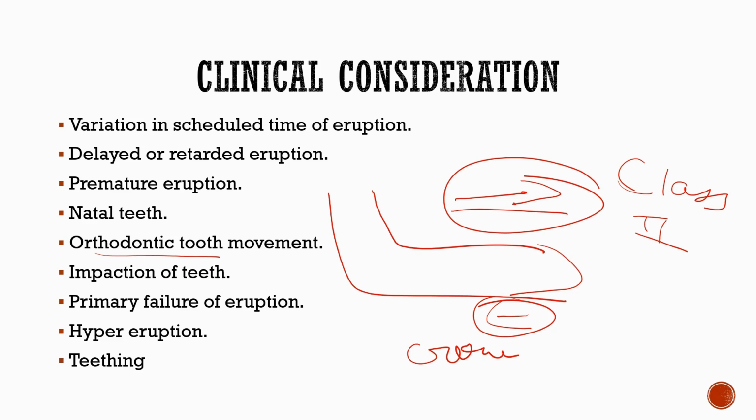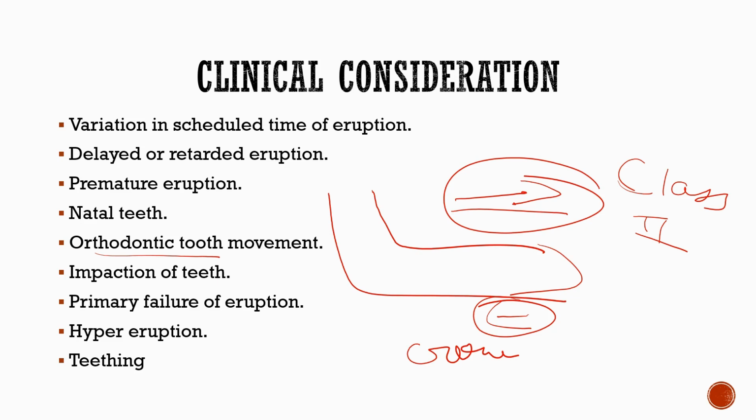Impaction of teeth because of the physiological mesial shift. There are impactions of teeth. You have always heard of the impaction of the third molar, the wisdom tooth. So it's very important. Primary failure of eruption. There are sometimes failures of eruption. There is no eruption. It is a condition where permanent teeth, especially molars, so it is common in molars, fail to erupt.